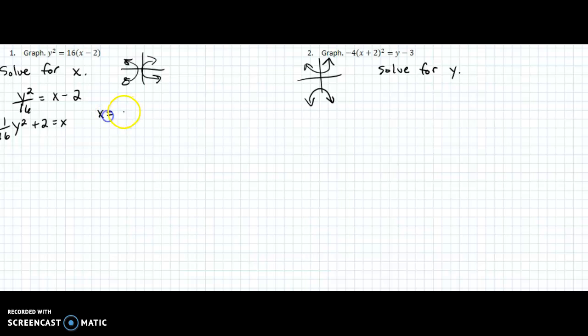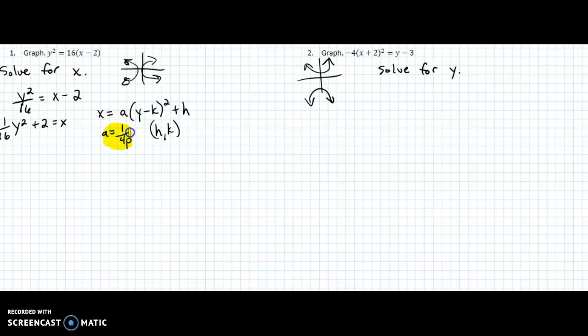If it's x equals a times y minus k squared plus h, in this form, where x is by itself and y is squared, hk is the vertex, which is tricky because it's switched from what it normally is. And then a is equal to 1 over 4p.